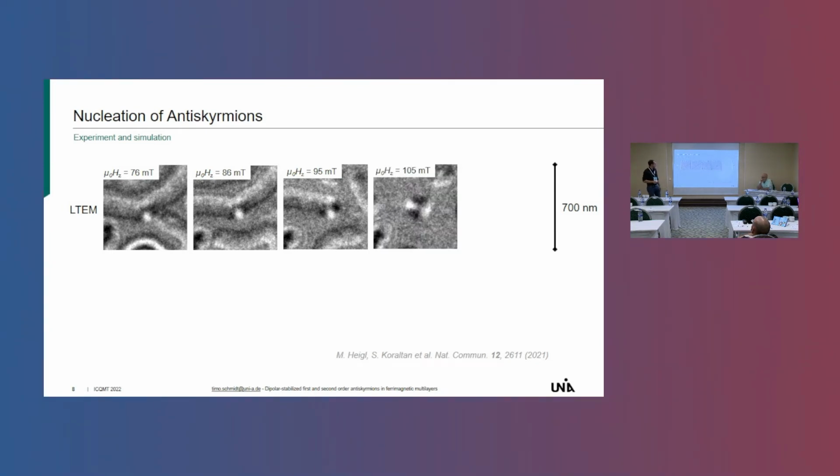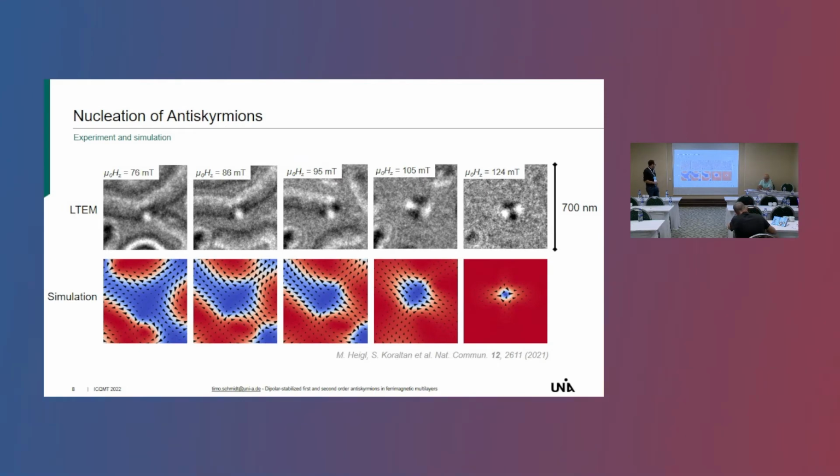With another increase, we are basically there. We've seen it a lot of times at different spots where three domain walls meet and an antiskyrmion comes out of that. But we have to experiment a little bit more to qualify that really. We also have simulations for that, which show a very similar picture for this formation of an antiskyrmion.